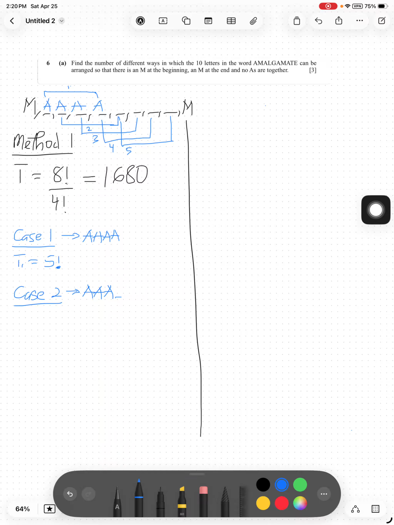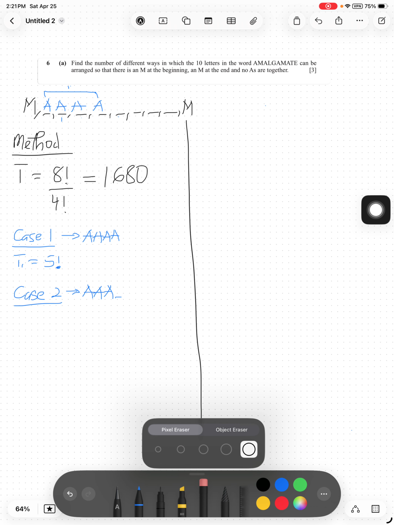You understand? So if we're looking at the 3 A's together, let's demonstrate that as well on our screen. So we look at this. Let's erase this one. Okay, so let's demonstrate with this one.